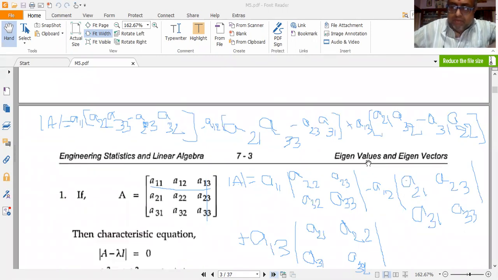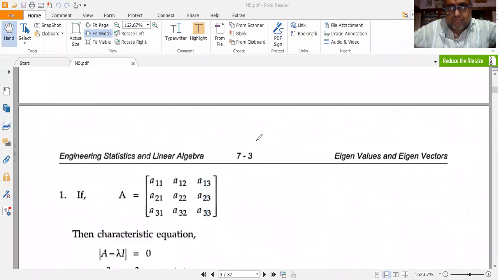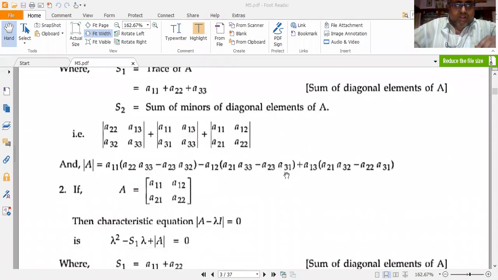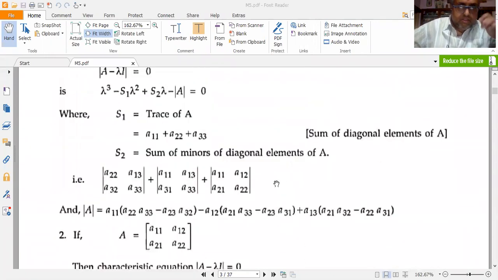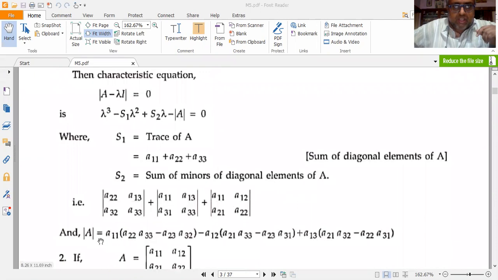I shall be deleting this, but in the video it would be there for you. Any doubts, please feel free to get back to me. So that's what we have. So lambda cubed, the expansion of the determinant is written here.